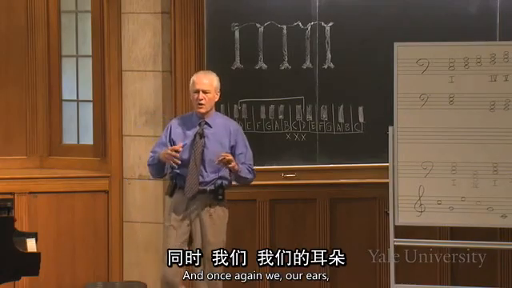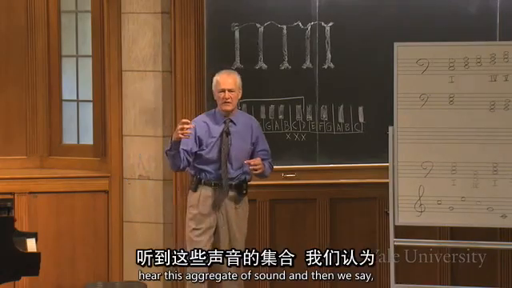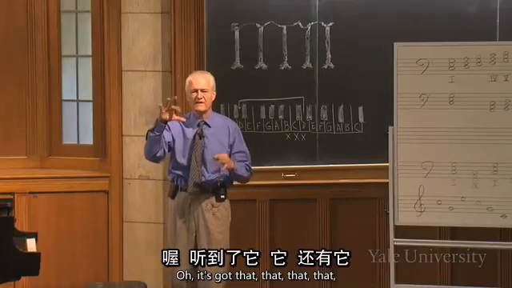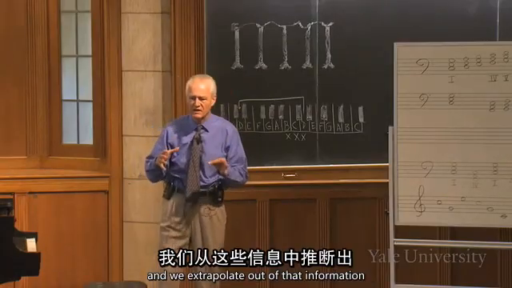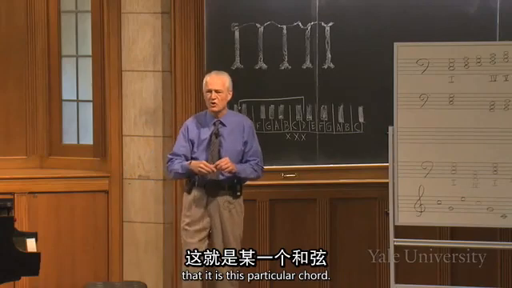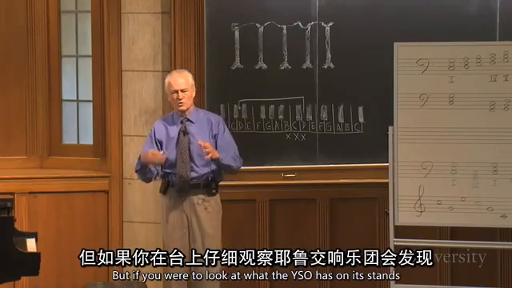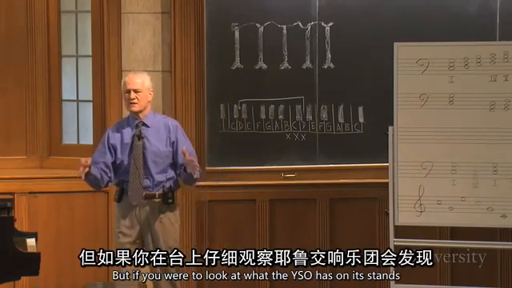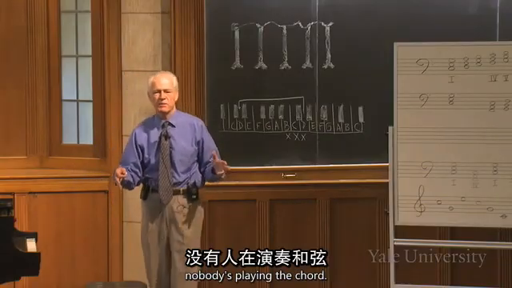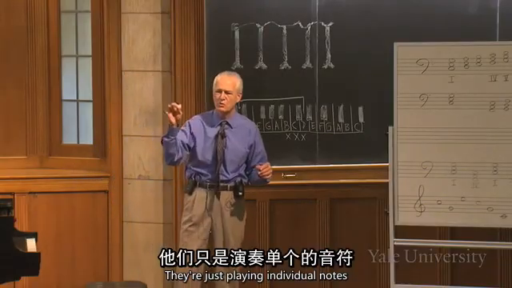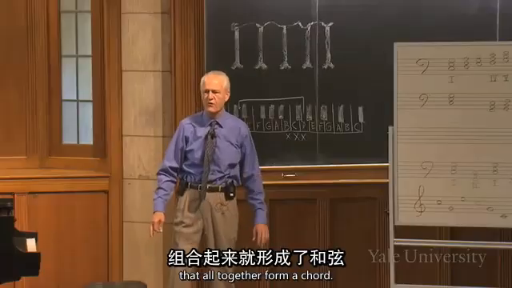And once again, our ears hear this aggregate of sound and we say, oh, it's got that, and we extrapolate out of that information that it is this particular chord. But if you were to look at what the YSO has on its stands, nobody's playing a chord. They're just playing individual notes that all together form a chord.